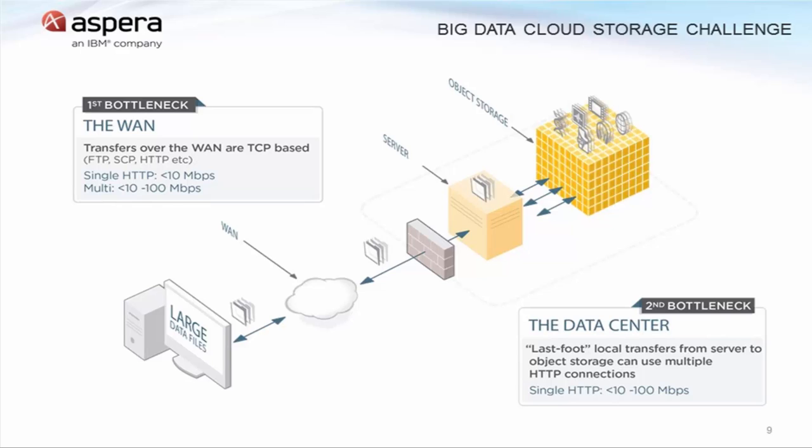The second bottleneck is the last foot, if you will. It's essentially transferring from an HTTP connection into object storage. So the introduction of movement of data and files to the cloud adds a layer of complexity and another step. So it ends up delaying and reducing the speed of that transfer. So the problem is only extended when you move content into the cloud.